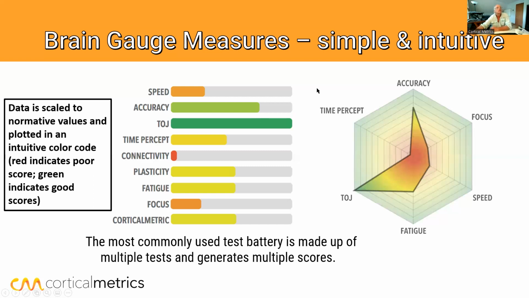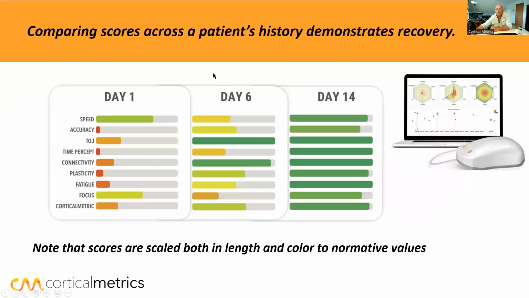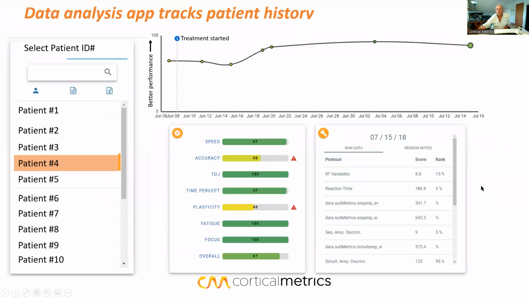The first thing you want to do is compare scores across a patient's history or your history. Let's say you got a concussion, and we're looking at day 1 through day 14 of a concussion. Day 1, your scores aren't that great. Day 14, they look really good. It's very easy to follow. But we don't generally just show the bar chart.